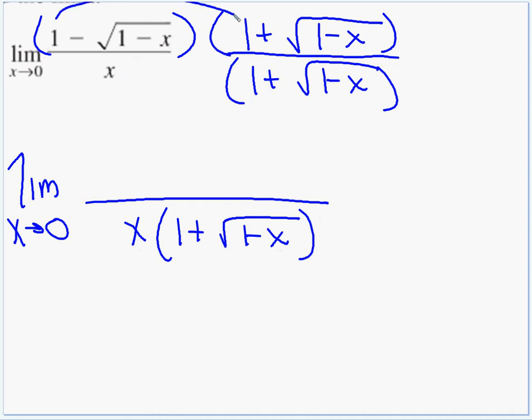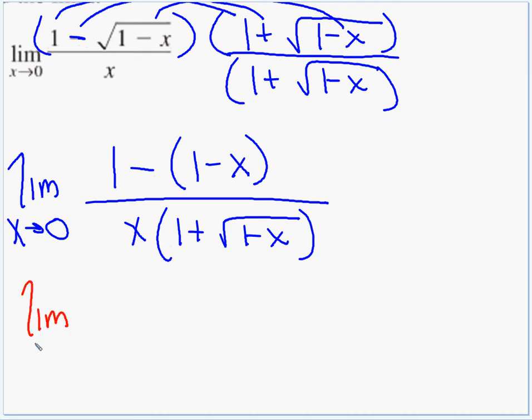Numerator, first times first, 1 times 1 is 1. Negative times positive is negative. Radical times radical frees what's under the radical. Again, we got this negative, though, that we'll need distributed. So here we distribute the negative. That'll be a negative 1, canceling with this one.